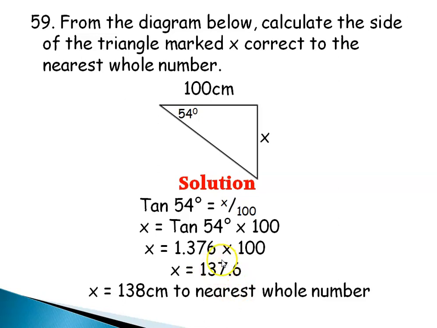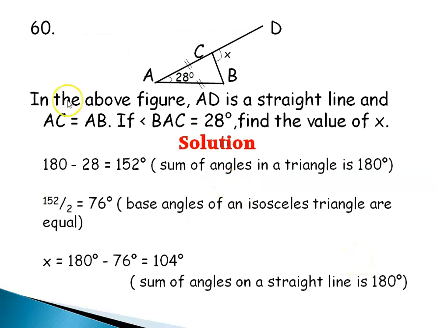Remember, the question says to the nearest whole number. The number after the decimal is 6. Each time I have a number 5 or above, I can always add 1 to the next number. So this will give me 138 centimeters to the nearest whole number. Is that okay? Good.